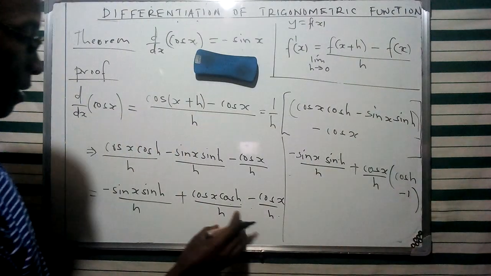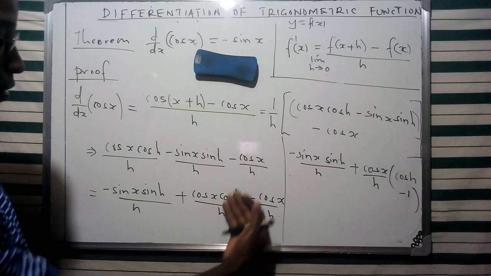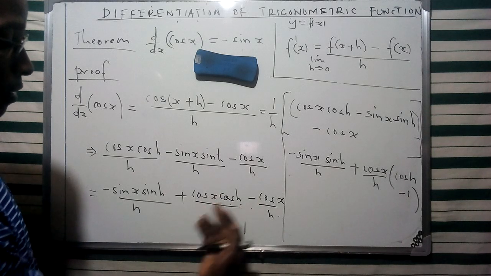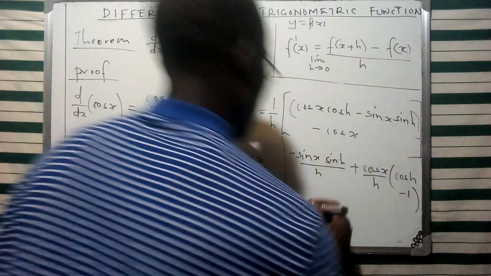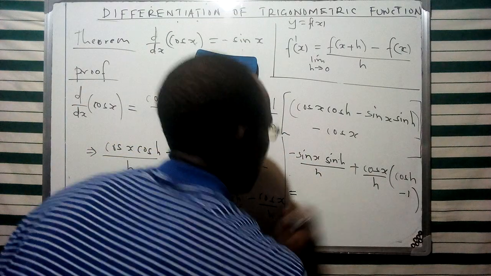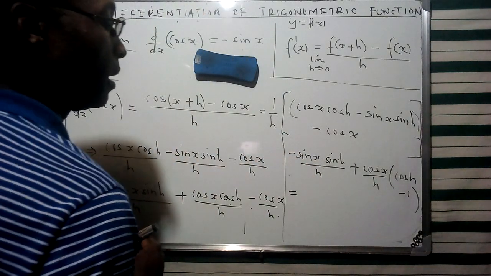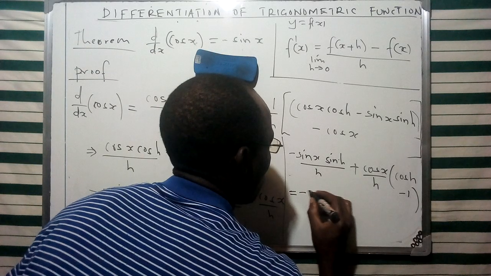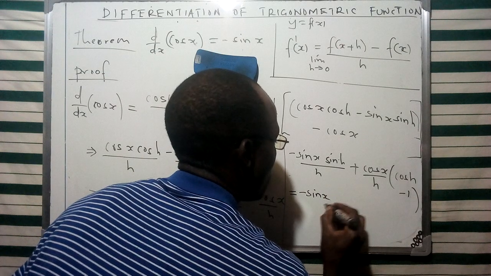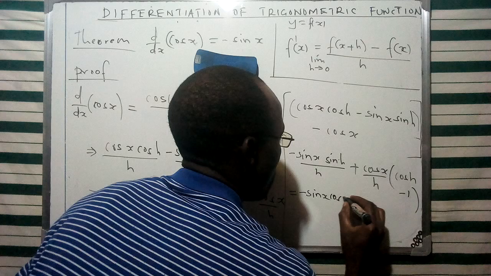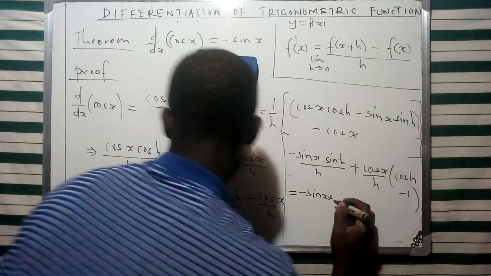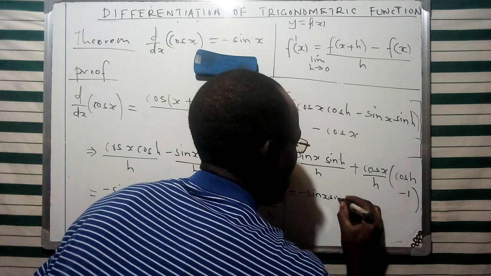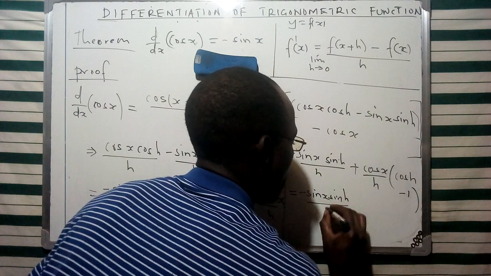So this minus 1 basically implies that I've taken out this specific section of cos x over h outside the brackets. I can still change the sign, so I'll do a slight modification of this equation, whereby I'm going to have the sin x sin h all over h.